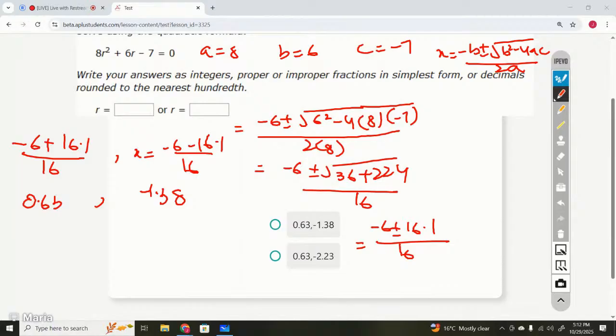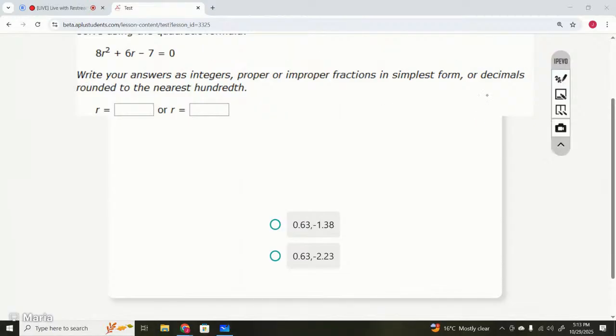So you can see option number 1 is the correct option, that is 0.63 and negative 1.38.